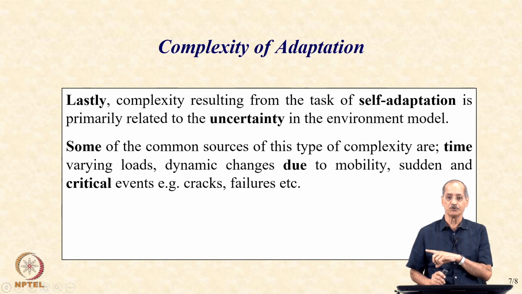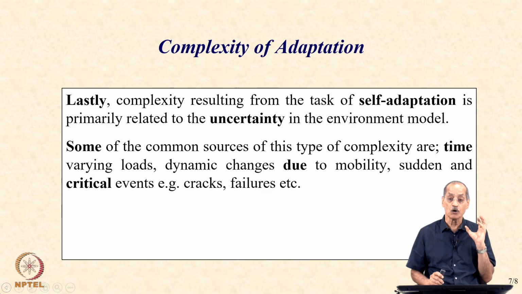Then there are dynamic changes due to mobility, and sudden, critical events, like suddenly you encounter a pothole, so you have to brake. There could also be failures, for example suddenly you are seeing a signal and suddenly the signal stops working for whatever reason, and you have a problem.